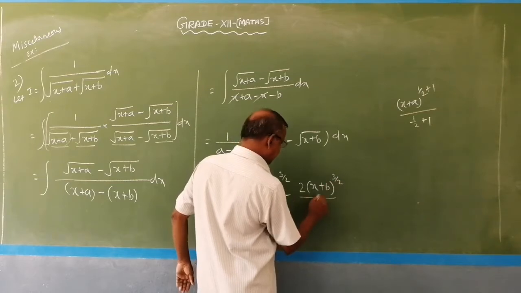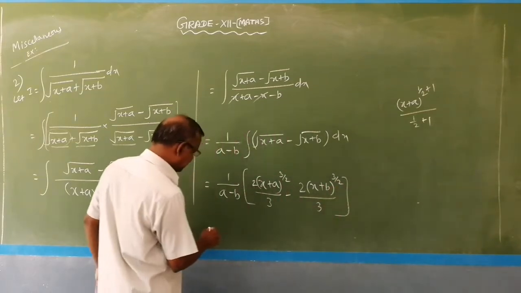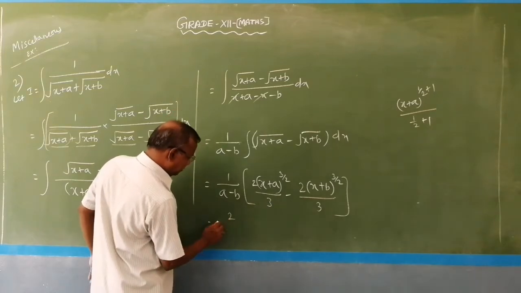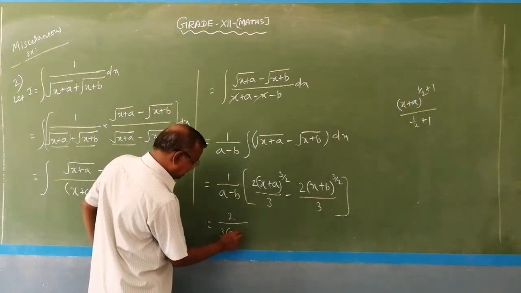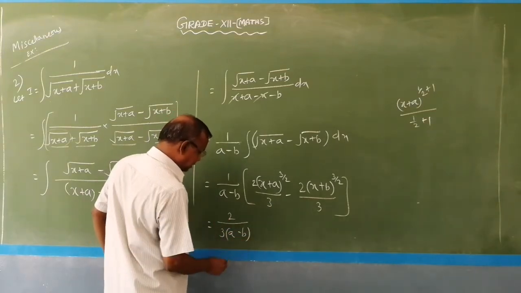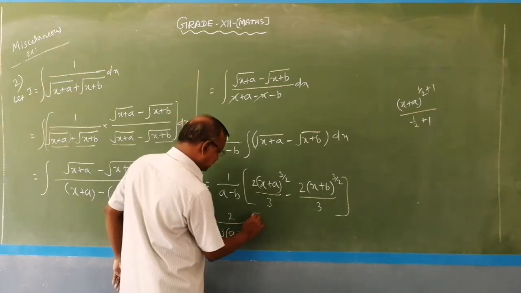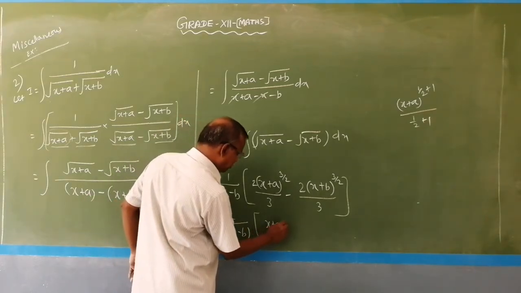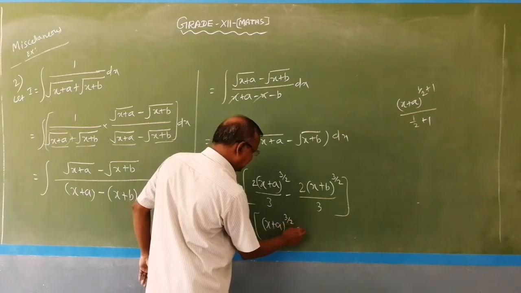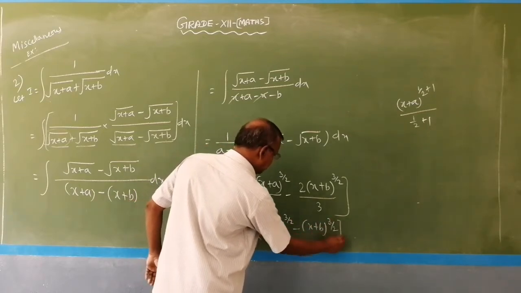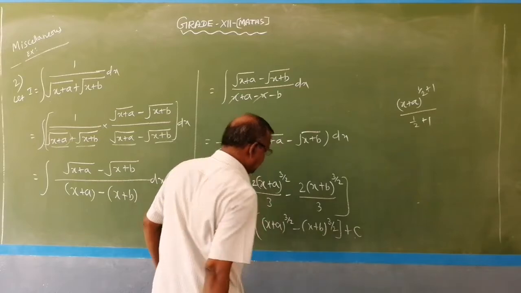So, this is equal to, we can take 2 by 3 as common: 2 divided by 3 into a minus b into x plus a whole power 3 by 2 minus x plus b whole power 3 by 2 plus c. So, this is the answer.